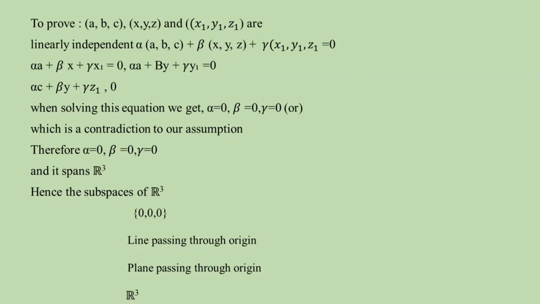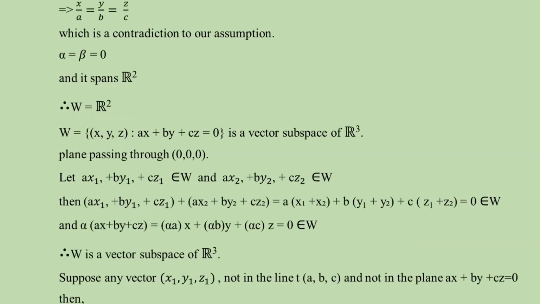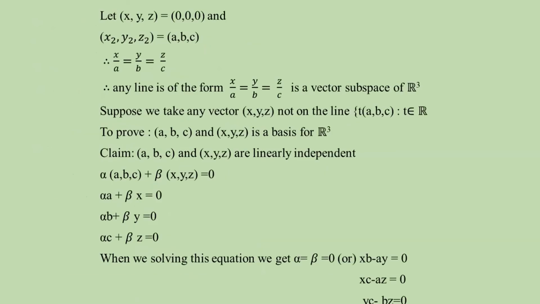These two elements (x, y, z) and (a, b, c) were not part of R2, so how can they span it? In the previous slide we considered two elements, (a, b, c), and we claimed that they were spanning R2.